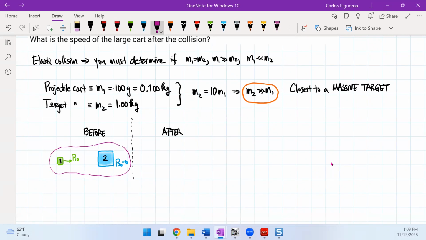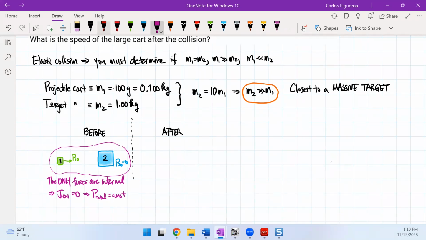If I include both of these particles, we see that the only forces are internal. There are no external forces. So then that means that the impulse J is equal to 0, which then tells me right away that P total has to be a constant. So I can use conservation of momentum.